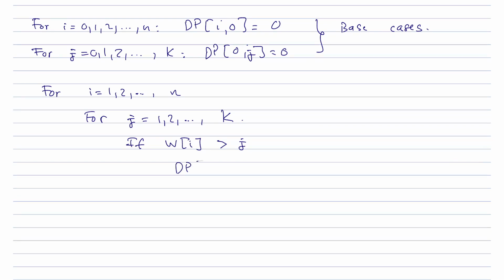So dp[i][j] is just equal to dp[i-1][j]. Okay, so this case is fairly easy.